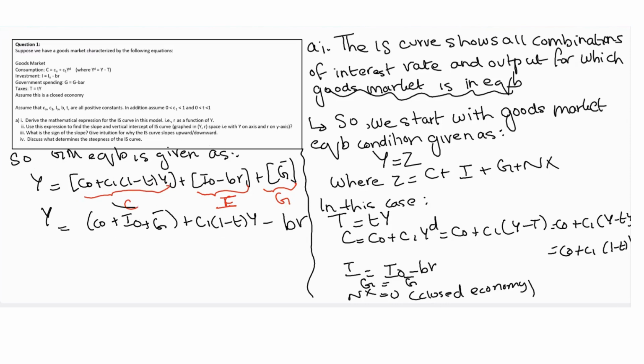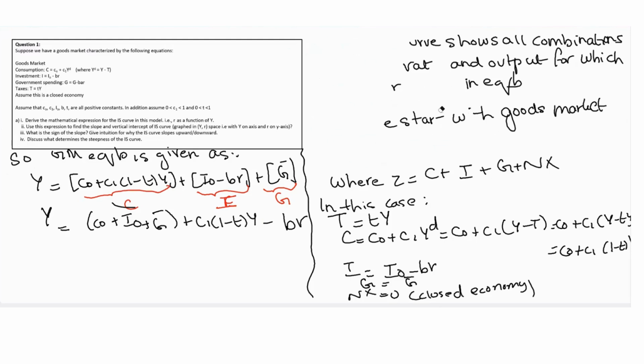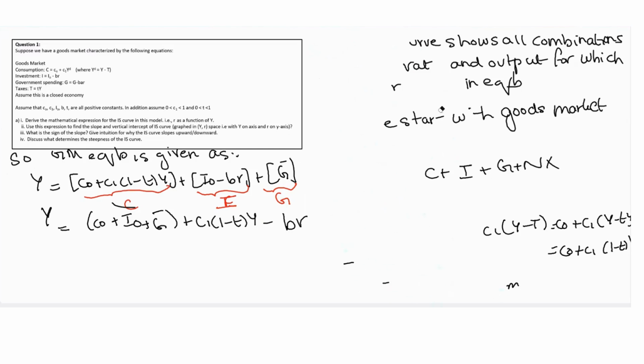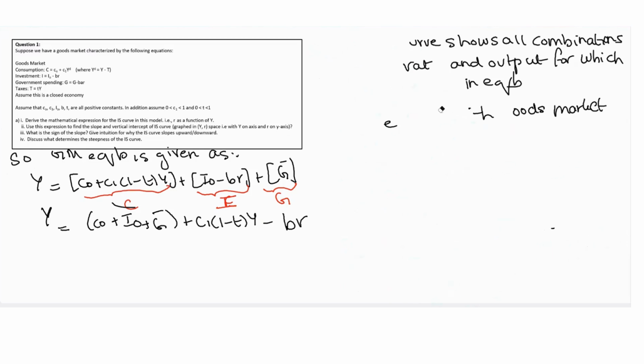Now, when we plot the IS curve, we plot it with interest rate on the vertical axis and with output on the horizontal axis. So in this equation, we're going to make the interest rate R the subject.